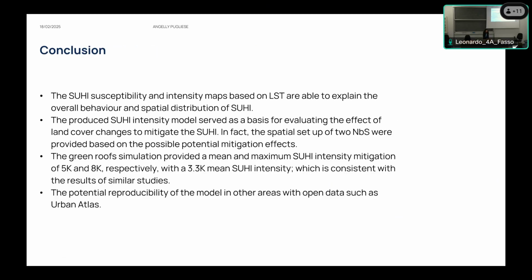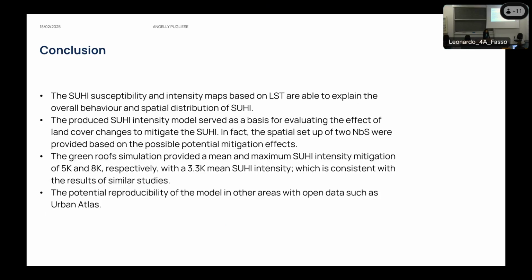To conclude, the surface urban heat island susceptibility and intensity maps based on the land surface temperature are able to explain the overall behavior and the spatial distribution of the surface urban heat island. The produced model with the surface urban heat island intensity serves as a basis for evaluating the effect of possible land cover changes regarding the mitigation of the surface urban heat island.